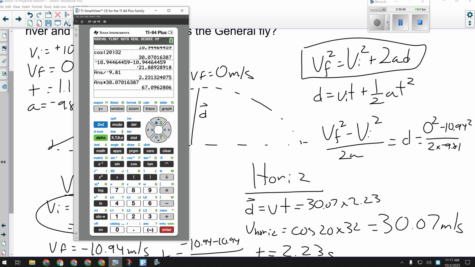All right, so 0 minus 10.94 squared, divided by 2 times negative 9.81. All right. So the maximum height above the riverbed is 6 meters, 6.1 meters.